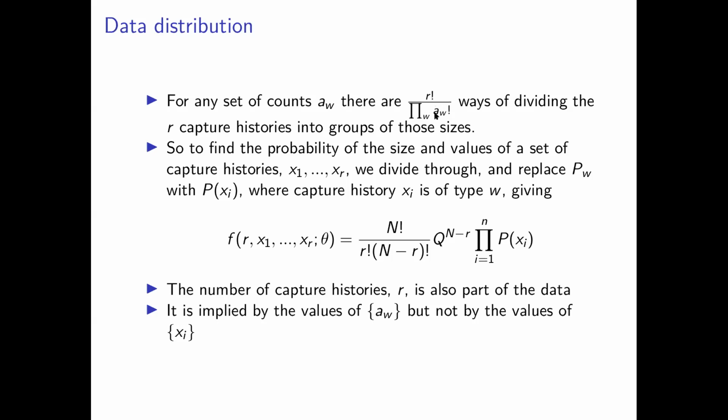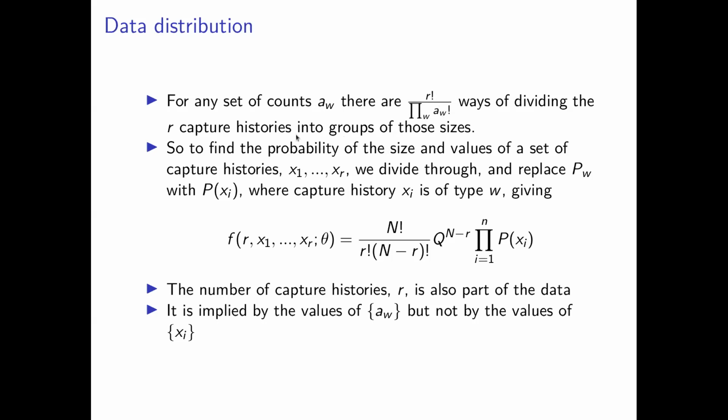So that's just the multinomial coefficient for dividing R objects into groups of size A sub W. So if we want to find the probability of the set of capture histories, including the number of capture histories, instead of just the probability of the counts, then we have to divide those count probabilities by this number of ways that we can get a set of capture histories that correspond to those counts.